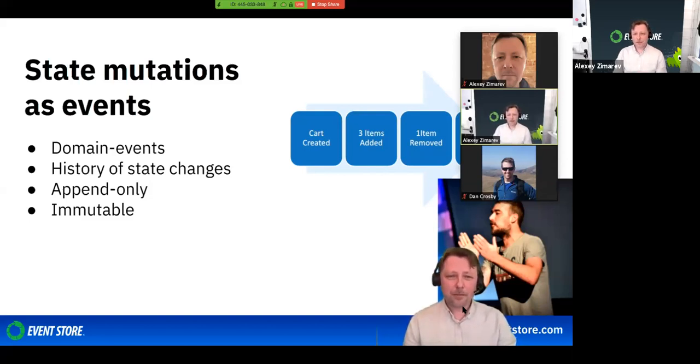It's the classic example of e-commerce. A sequence of events: cart created, 3 items added, 1 item removed, shipping information added, and so on. So what does this picture mean? We are talking about moving away from storing the current state of entities or anything inside a system that is event sourced, and instead we will store domain events.